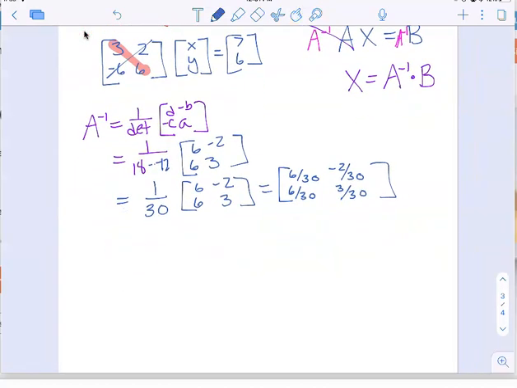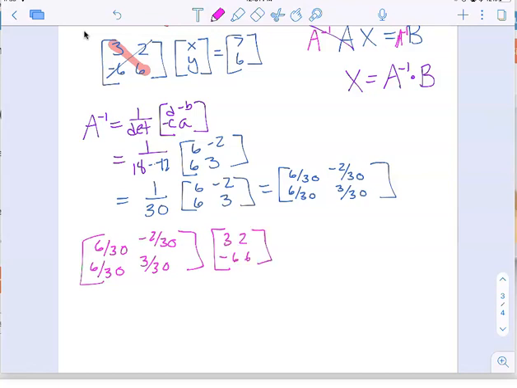So what we have to do is multiply that inverse matrix on each side. So we have 6 over 30, 6 over 30, negative 2 over 30, 3 over 30, times 3, 2, negative 6, 6, times xy. And again, since our inverse was on the left, we have to put it on the left over here.